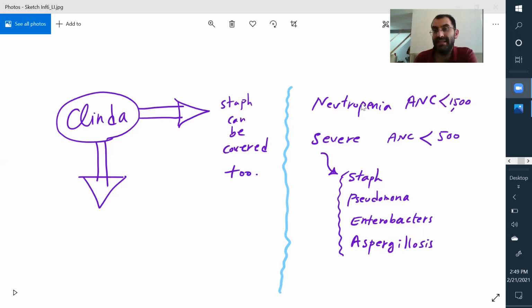Neutropenia, ladies and gentlemen. The first layers of defense of the body are the spleen and neutrophils. Patients without a spleen are at risk of sepsis with capsulated organisms, especially pneumococcus and Haemophilus influenzae. That's why we vaccinate them.